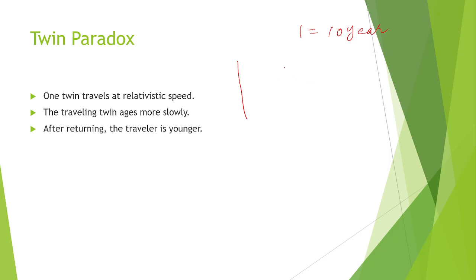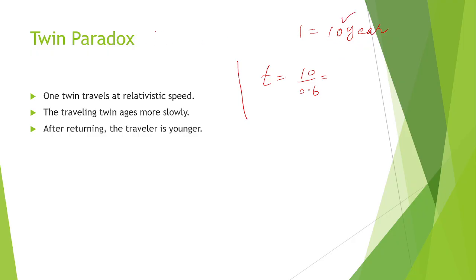So 10 years pass in the ship, and we see that it is divided by 0.6 in the previous slide. So 10 years pass in the ship.